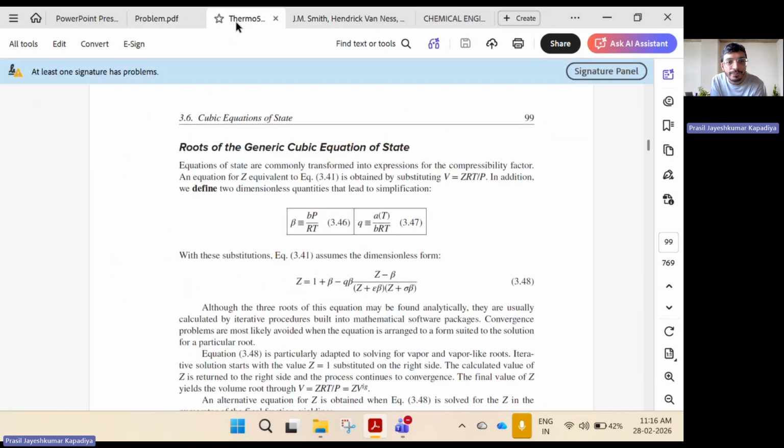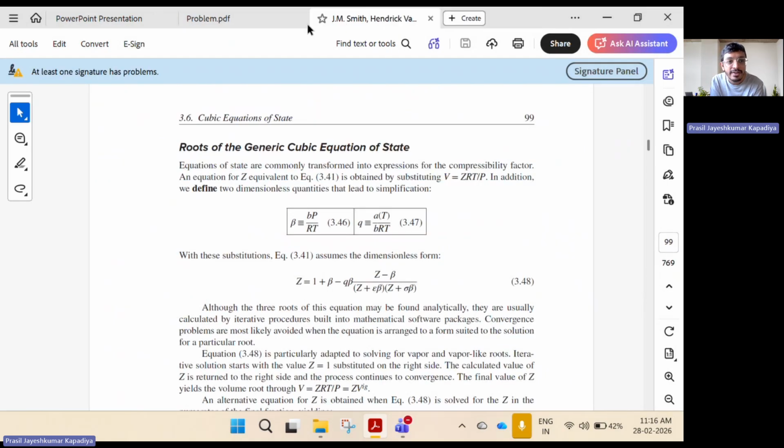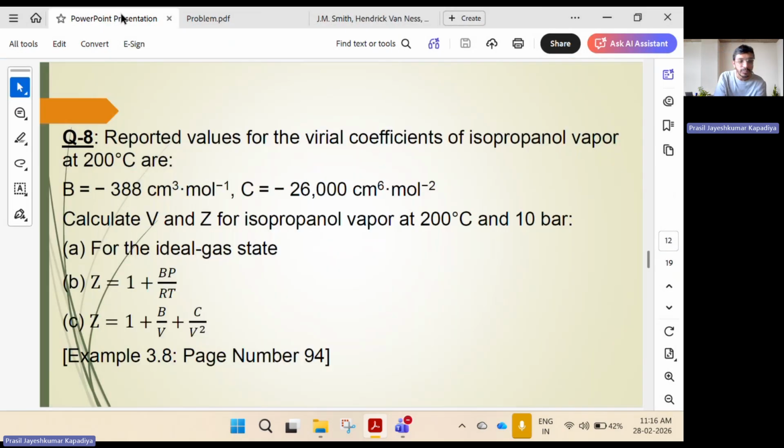Let's try to solve some problem statements and then we will stop. Yes, this is our first problem.